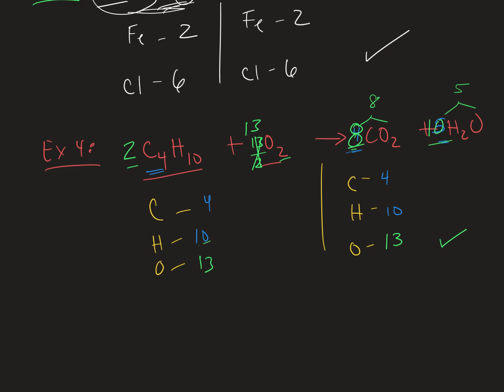Since I multiplied everything by the same value, it's still balanced. You don't have to recount if you multiplied everything by the same number. You can if you want. You with me?